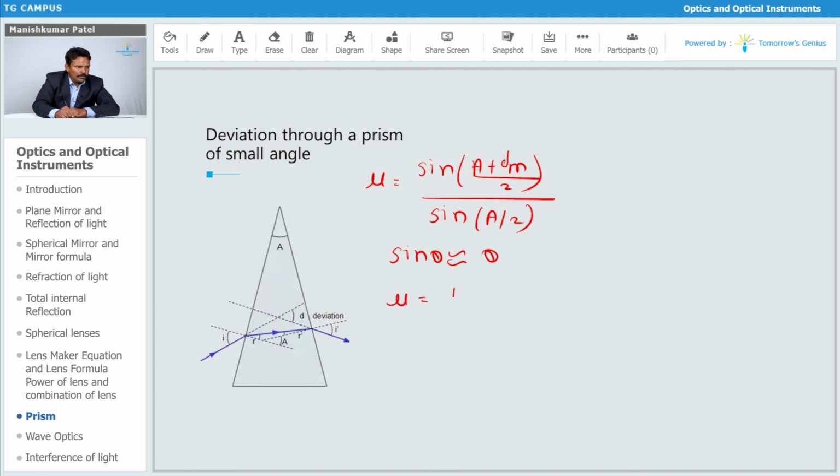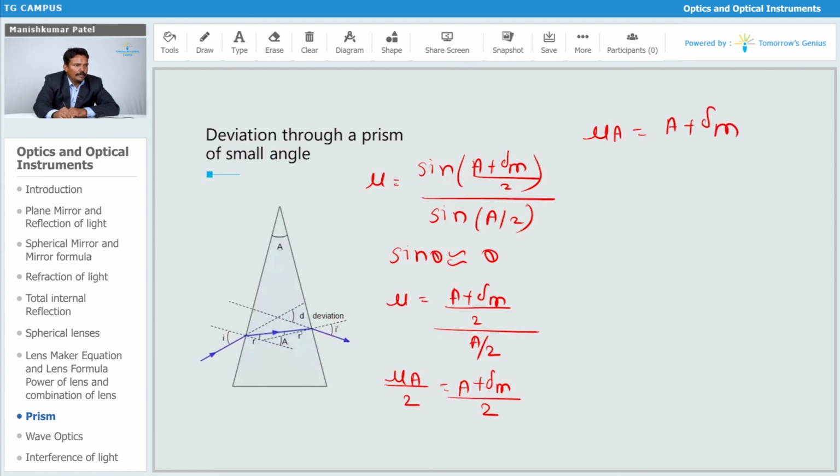Then mu is equal to (A plus delta M) upon 2 upon A by 2. So mu A is equal to A plus delta M. So mu A minus A is equal to delta M. Taking A common, A into (mu minus 1) is equal to delta M.